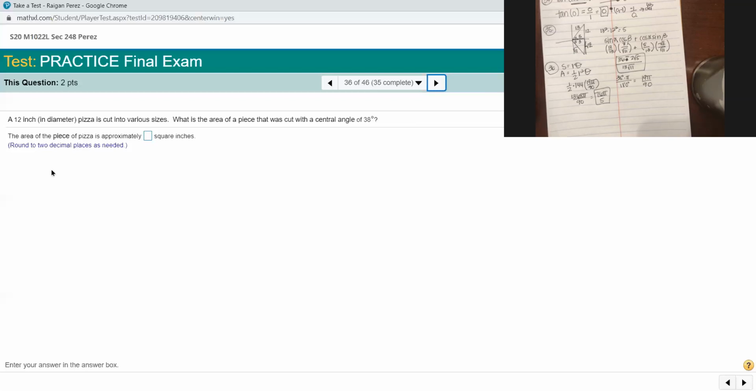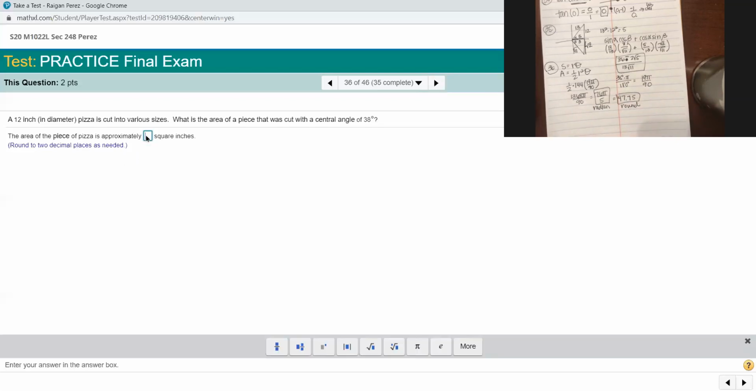Oh, it says round to decimal places, so I can go ahead and multiply that out. So multiply that times pi, and I got 47.75. So if it asks for it in radians, you would type in this. If it says to round, you type in this. So 47.75 squared.